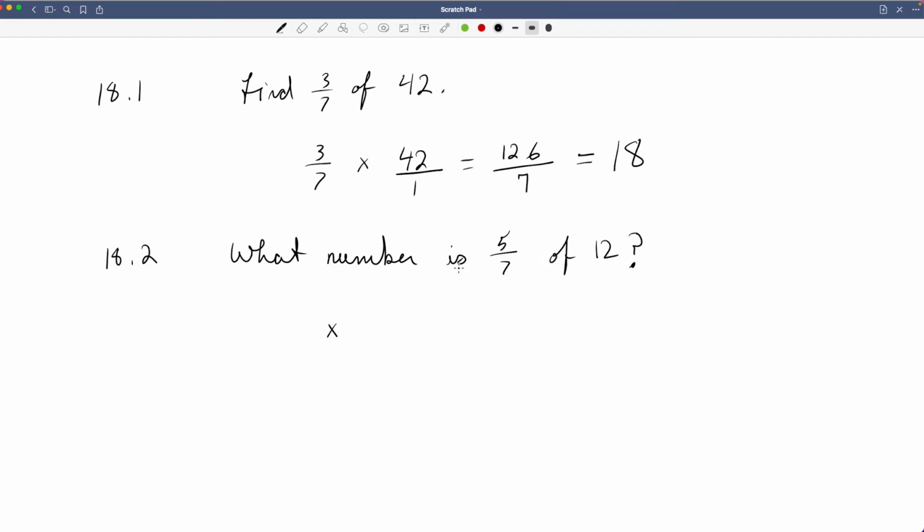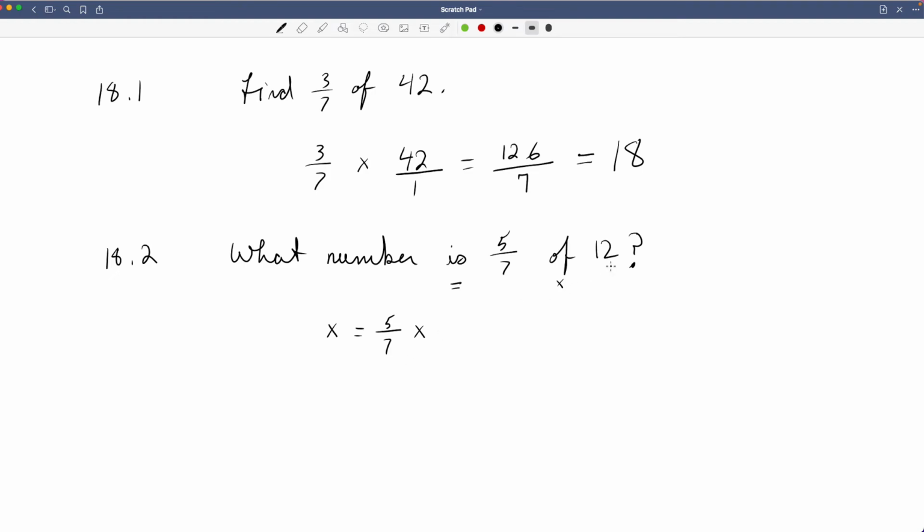Whenever you see the word "is" in a number sentence or a word problem, is the equal sign. So we're going to put equal right here. So 5/7 is whatever, 5/7, that's the fraction. We write it just like it is. We don't have to translate that. "Of," we know, means multiplication. So we're going to put the multiplication sign here.